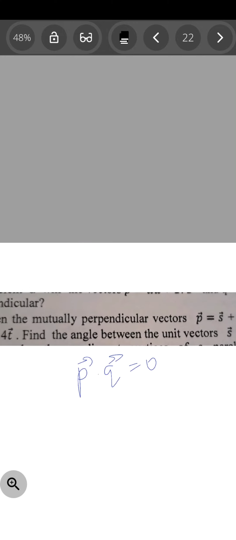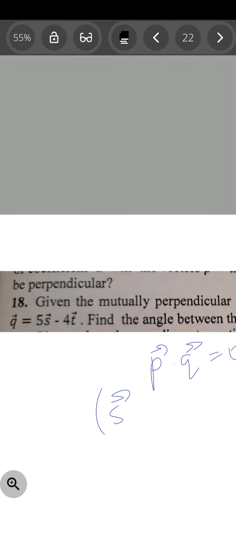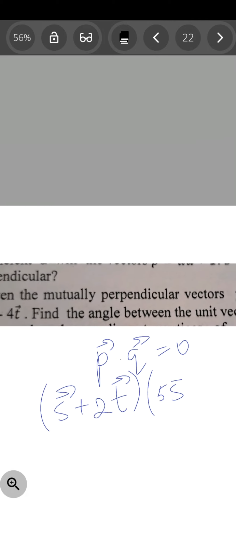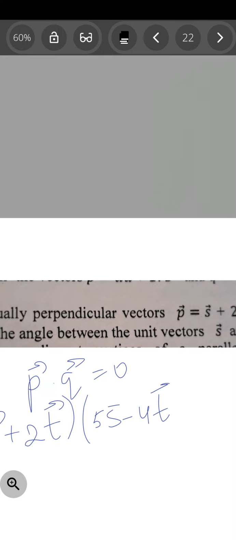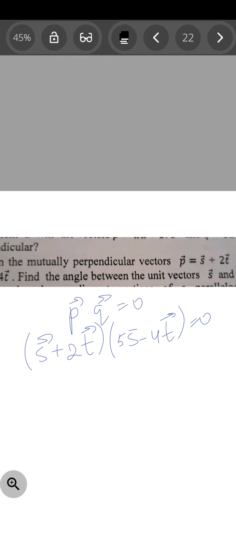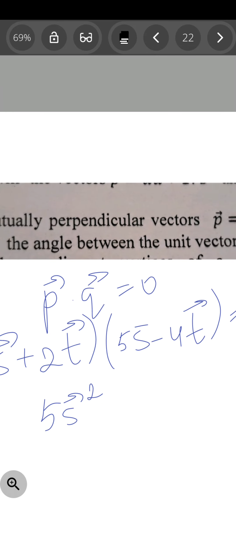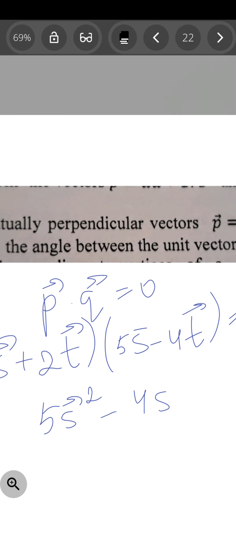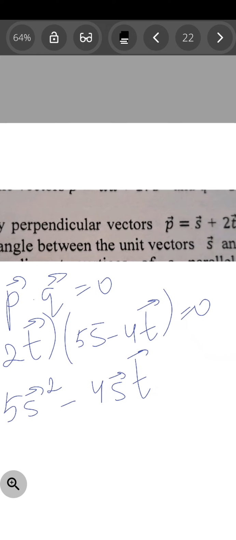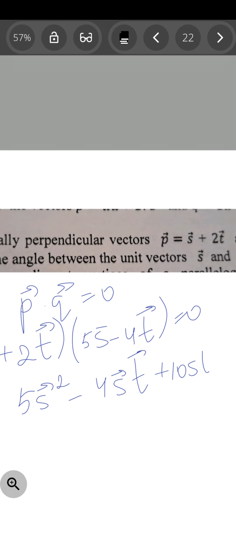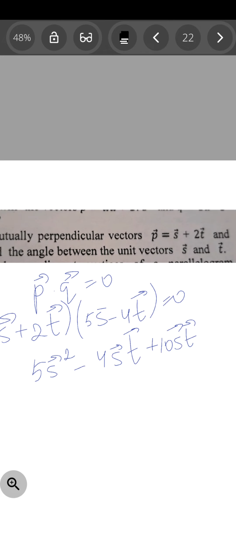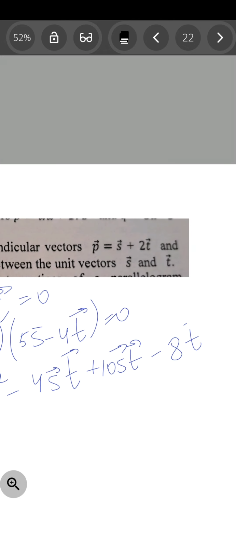Let's express the vectors p and q in terms of the vectors s and t. We obtain that (s plus 2t) times (5s minus 4t) equals 0. Let's simplify this expression. We obtain that 5s squared minus 4st plus 10st minus 8t squared equals 0.